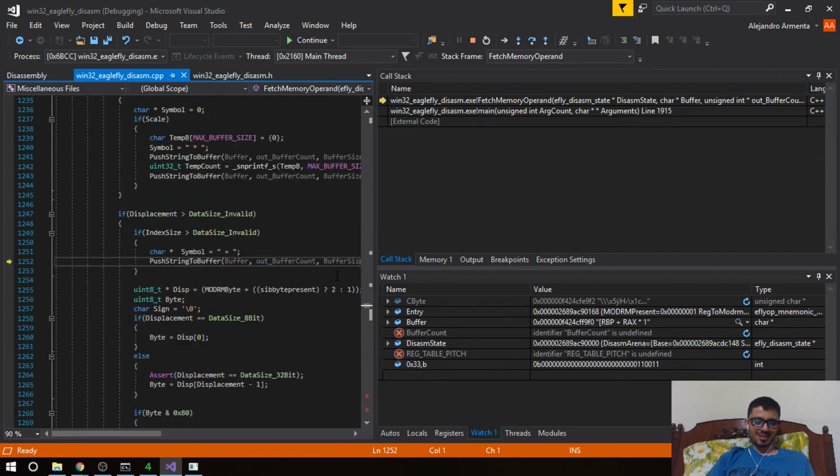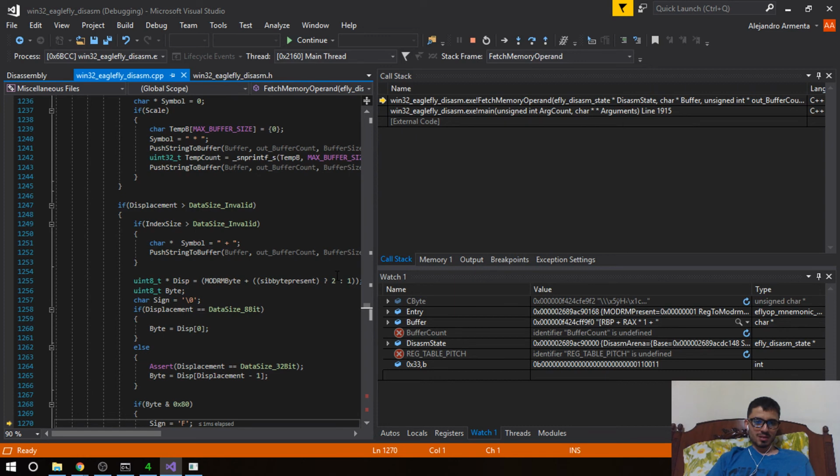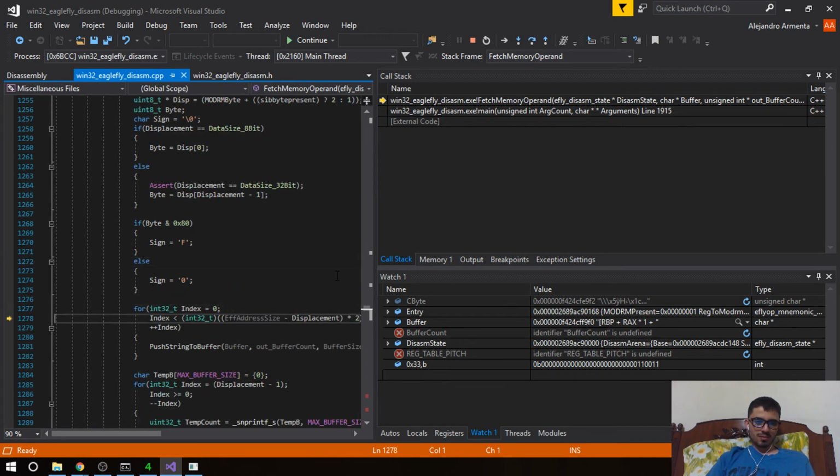And then I'm gonna push a string there, and this is gonna be space FF. This is gonna be FF for a long time here because it's an 8-bit thing.